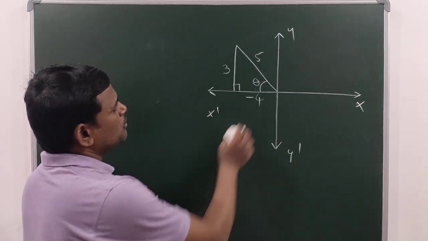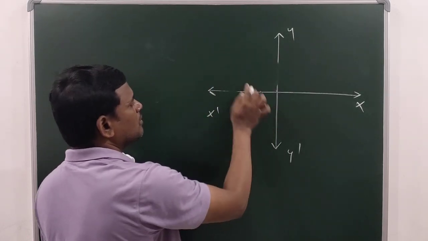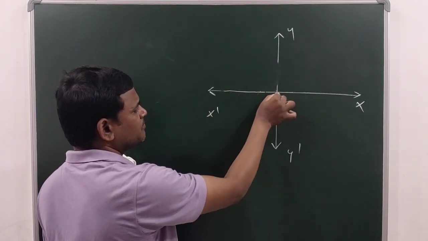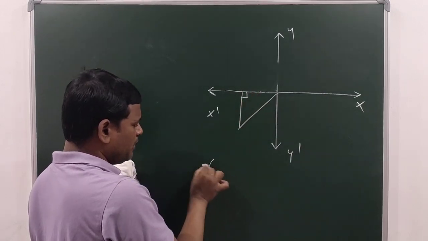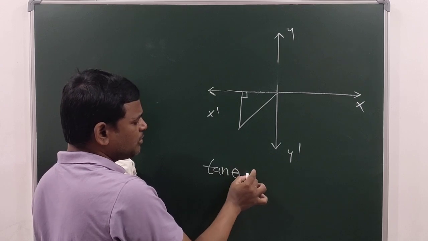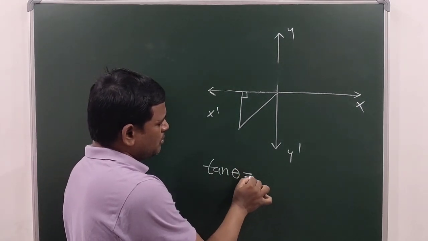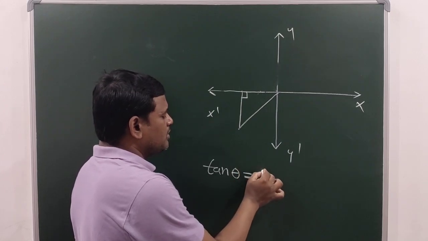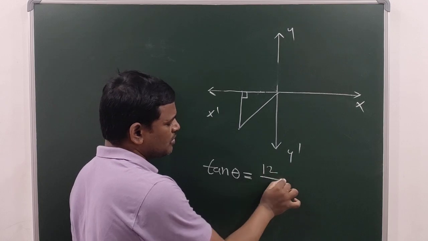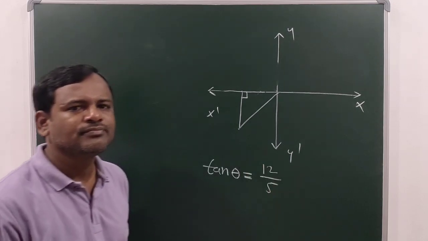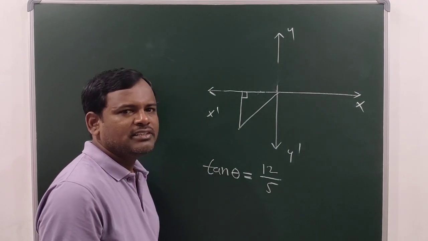Right. Now let us go to quadrant 3. So in the quadrant 3, take the right angle triangle like this. Suppose I give you tan theta is equal to 12 by 5, and theta belongs to quadrant 3.